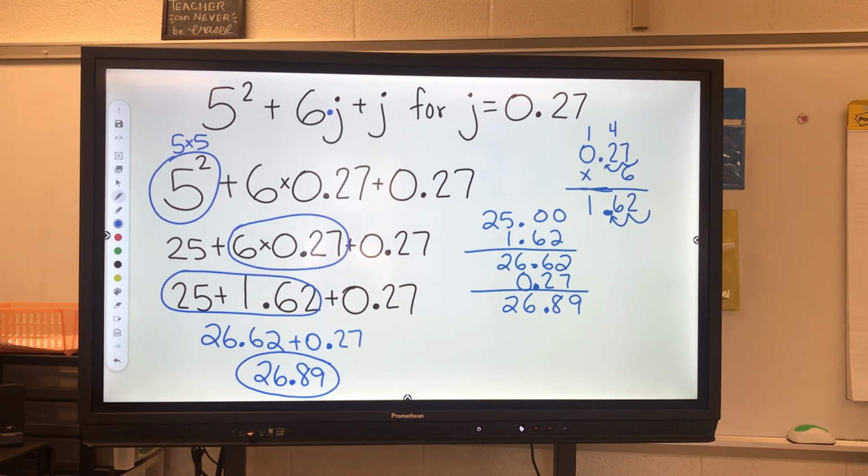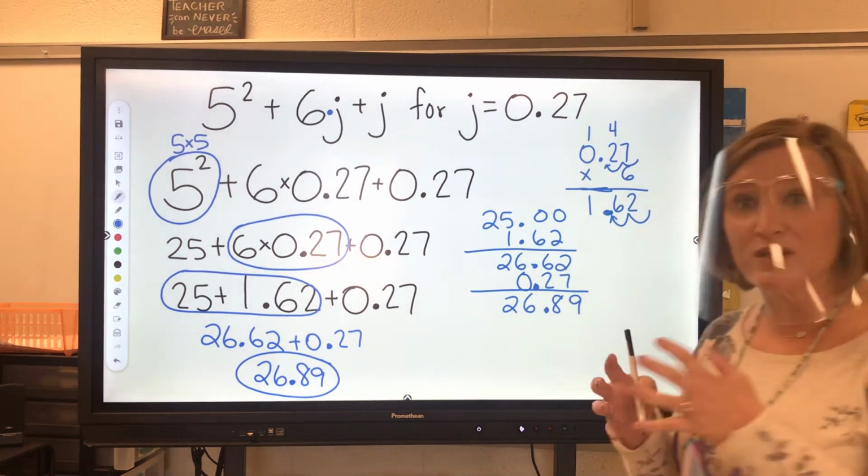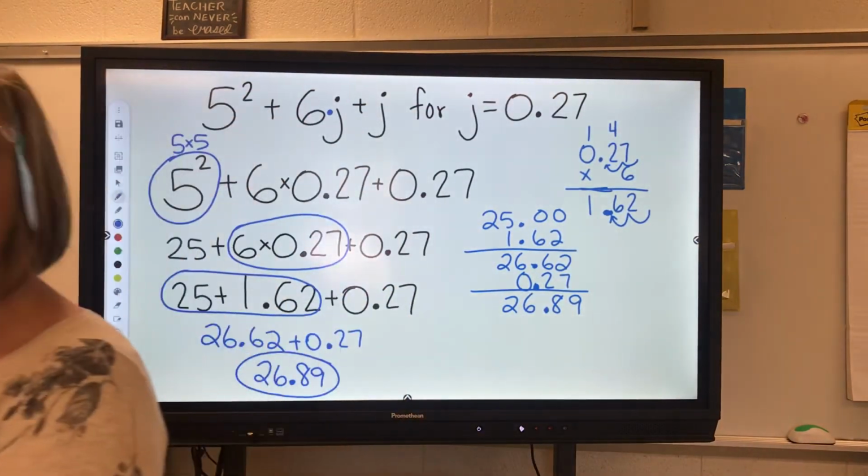All right, there is an exit ticket on the last slide, okay? There are some Kahoot games that we can play to help us practice. What is our goal here? We want to become good at this.